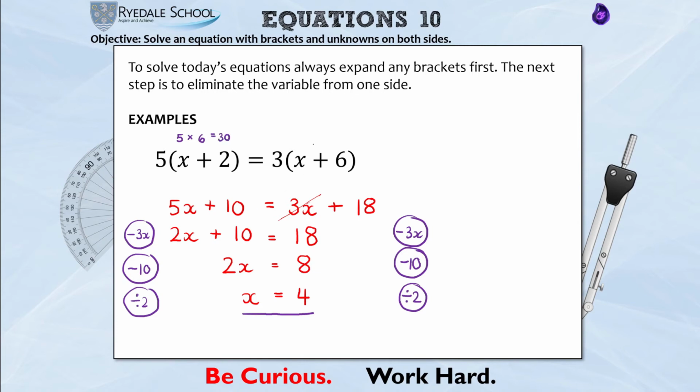If I do the same with the other side of the equation, if x is 4, let's do the bracket. 4 plus 6 is 10, and I'm timesing by 3. And 3 times 10 is 30. So I have shown both sides of my equation equal 30. So I've checked my answer is correct. x equals 4.